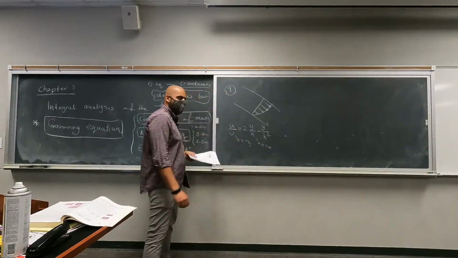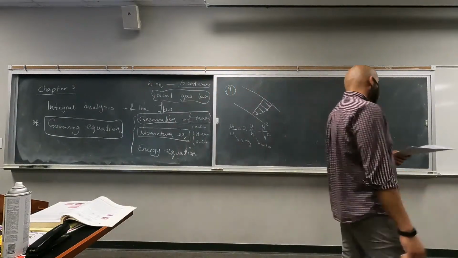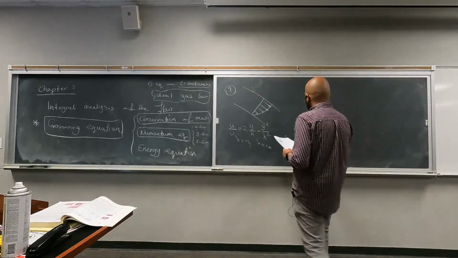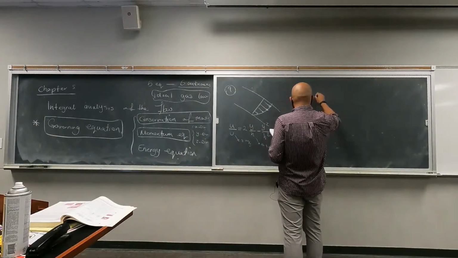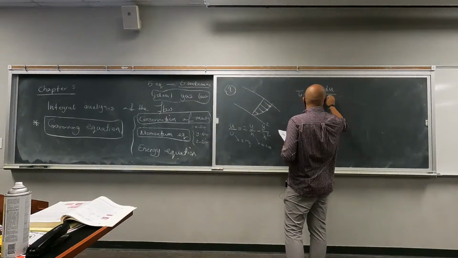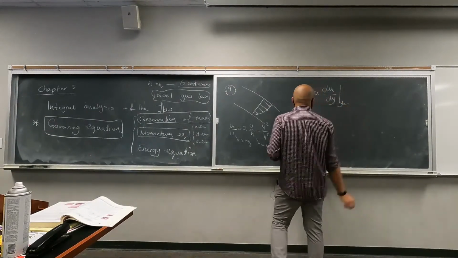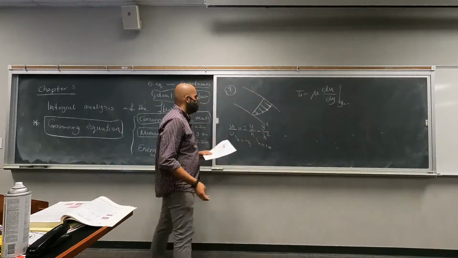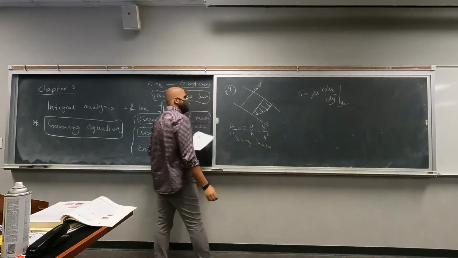We are told to find the magnitude of the shear stress and its direction. We have this equation for shear stress: tau equals mu du dy. And we are looking at the shear stress at the wall, so where y, this is the y direction, is equal to 0.